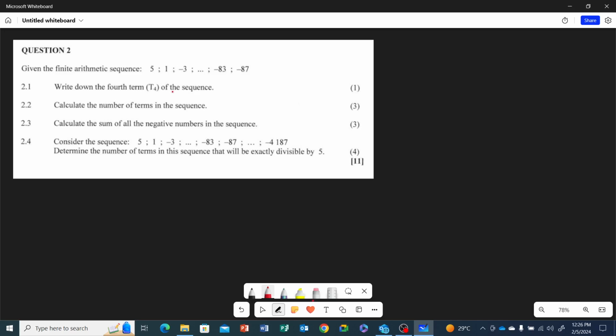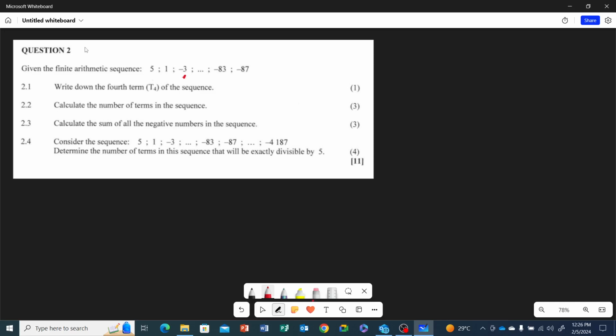Okay, so as you can see, in the equation here, you will want the next number that is divisible by 5. So remember the difference here is minus 4. Okay, so now I will start it from here.